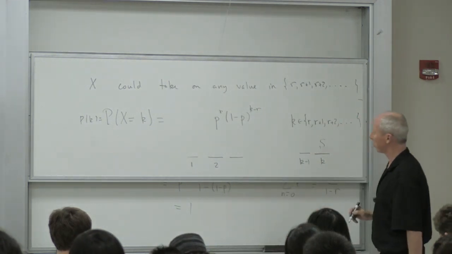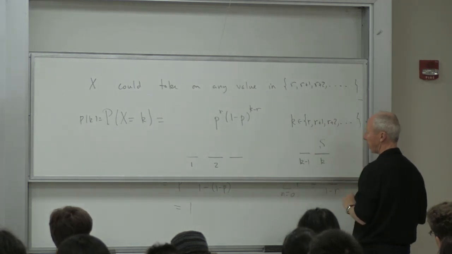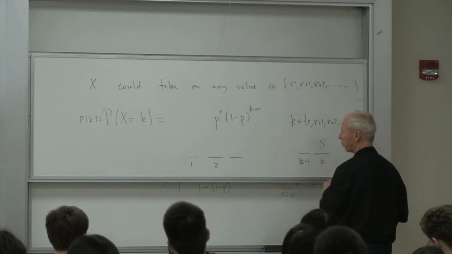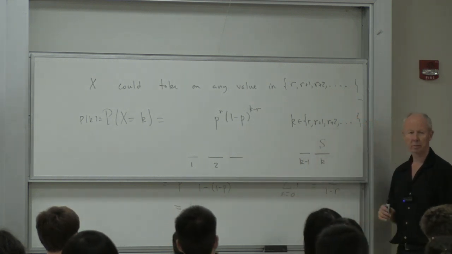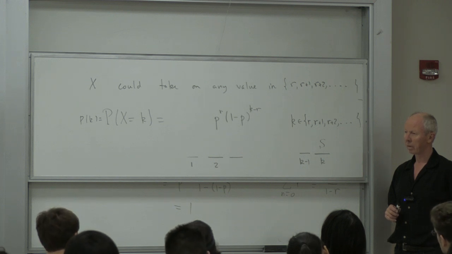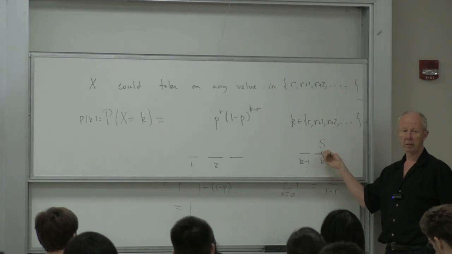And so now all the sequences with R S's and k minus R F's have this probability, so we just have to count the number of sequences that have that many S's and F's. Okay, but this S has to go here. Why is that?